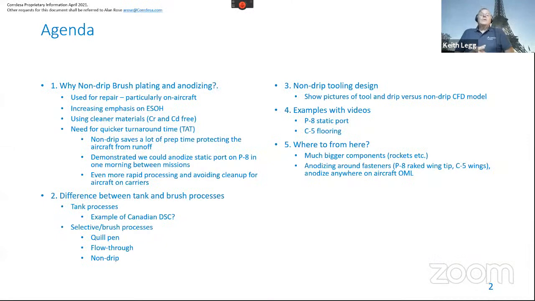Okay. So what are we going to cover? We're going to be talking about primarily brush plating and anodizing, and why that's different from other things, and why we're doing all this, and what is it that connects those two things together?